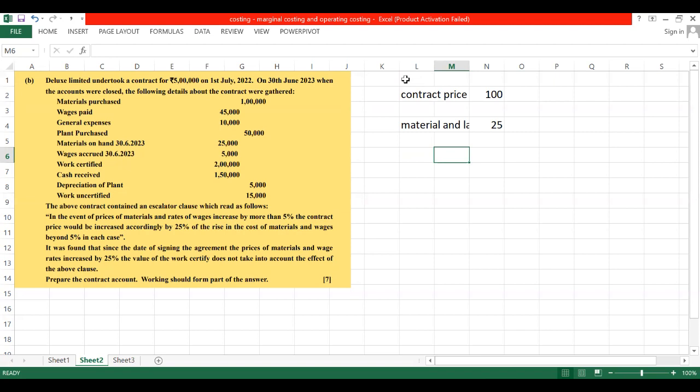We cannot revise the contract price every time, so we revise it through this escalation clause.